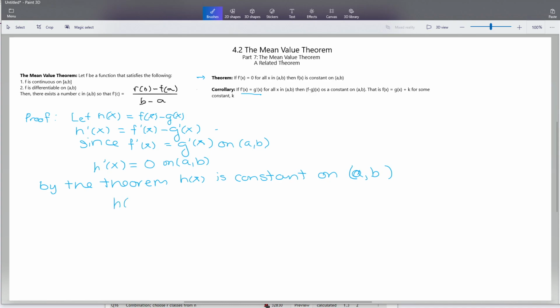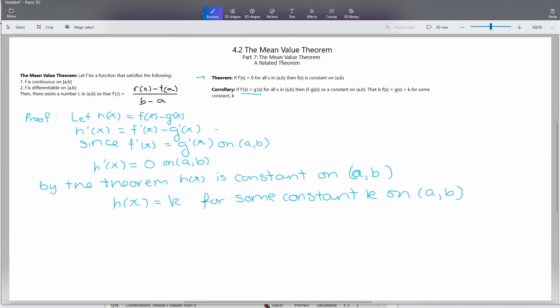So h of x equals k for some constant k on ab.